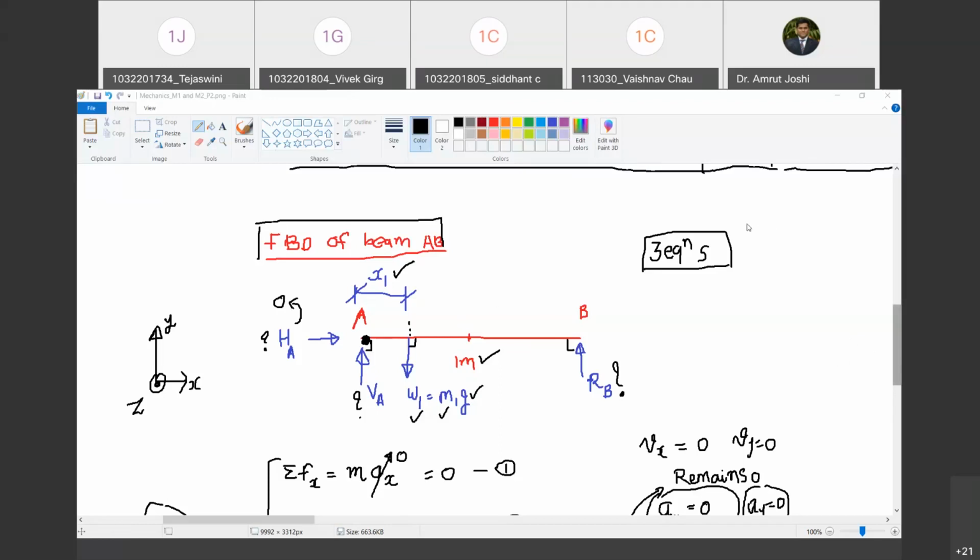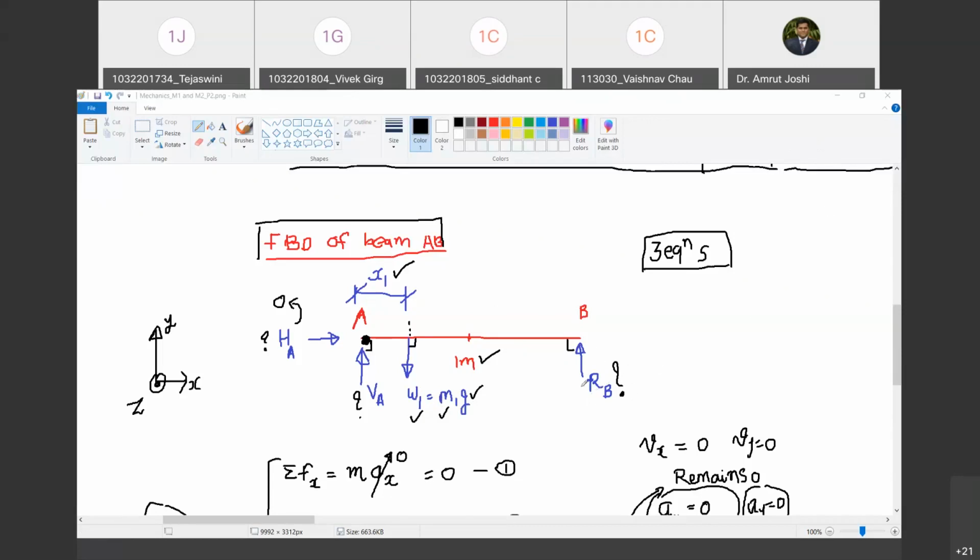So Tejaswini, can you unmute yourself? Yes, sir. So what is the moment of RB about A? Tell me. M1G into the distance AB. No, where is M1G coming in the picture? I am talking about the moment of RB. Are you with me, Tejaswini?